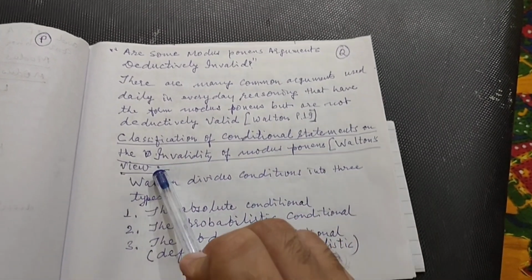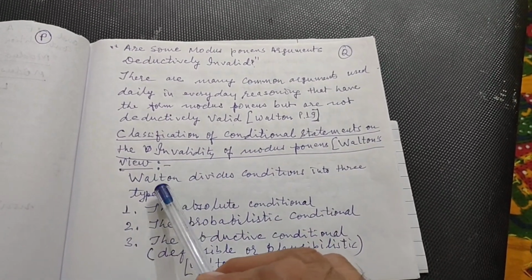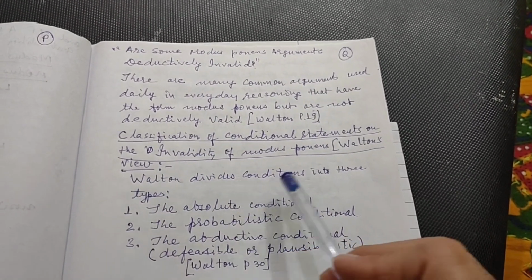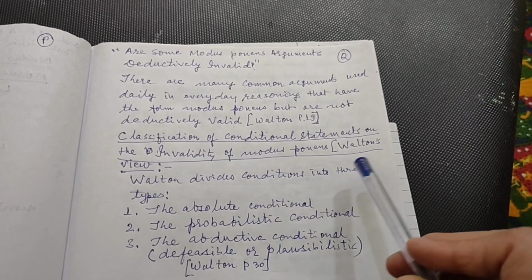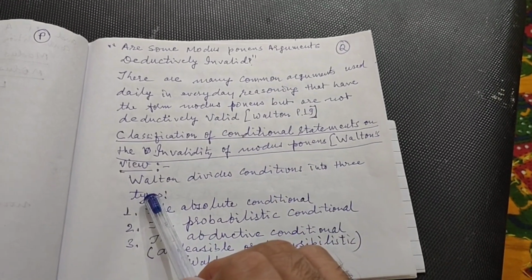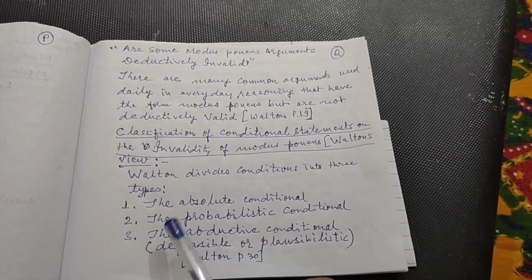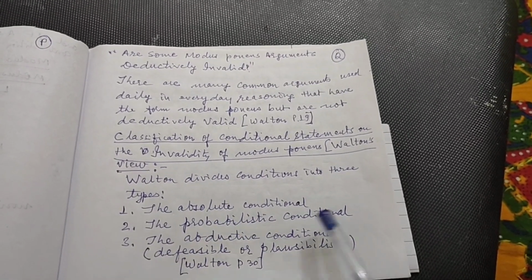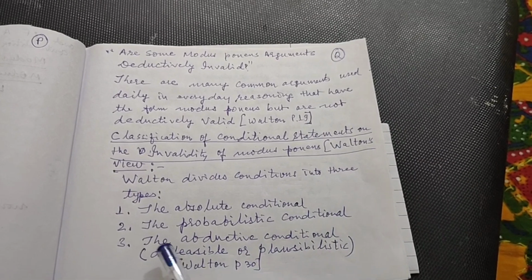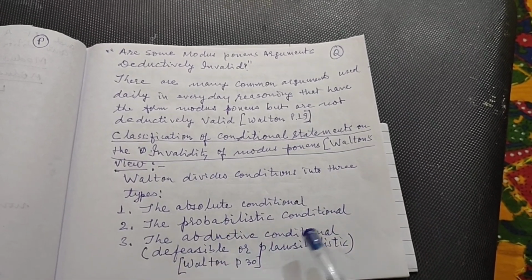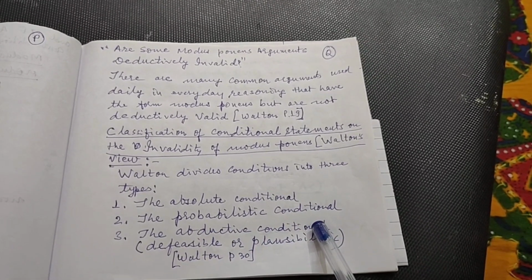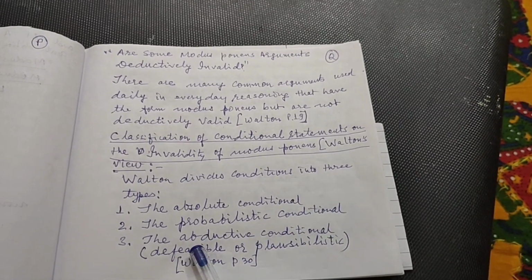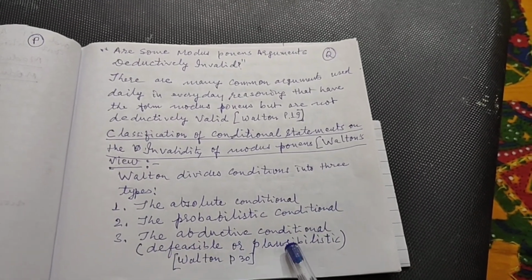Walton's view. Walton divides conditions into three types: the absolute conditional, the probabilistic conditional, the abductive conditional, the feasible and plausibilistic.